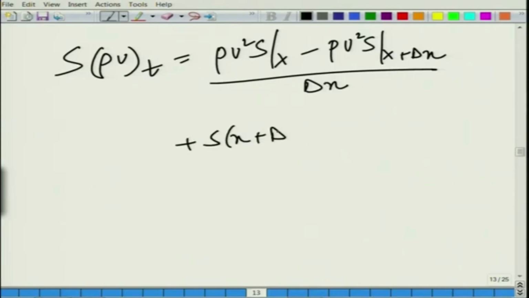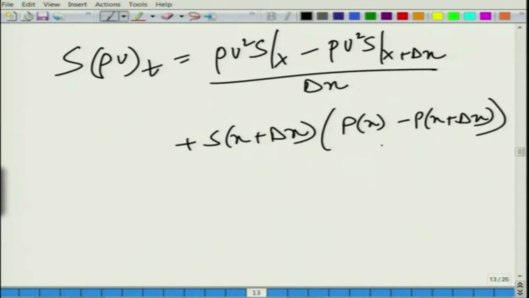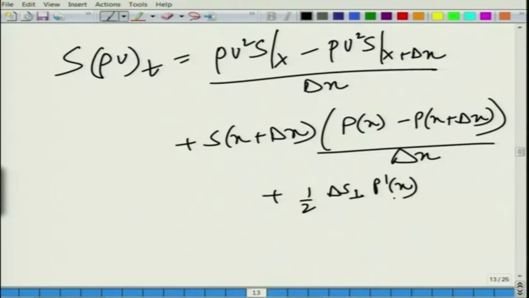So, I am just writing out certain terms. You can work out some simplifications on your own. Delta x and plus half times delta s perpendicular P dash x.